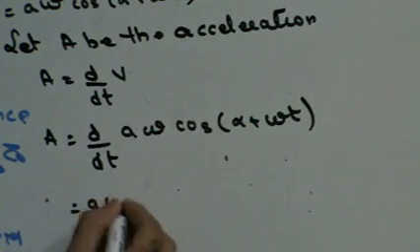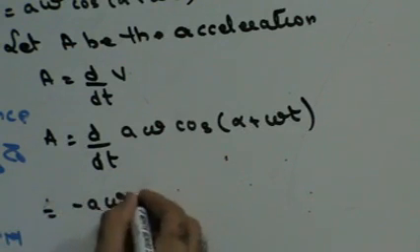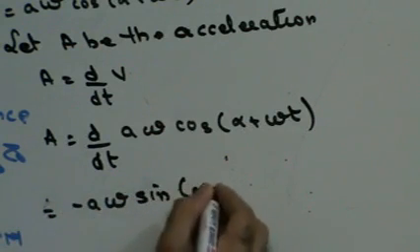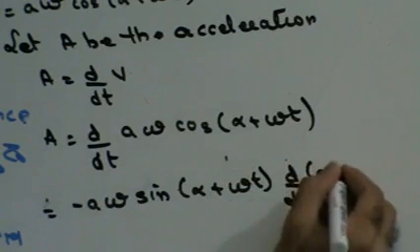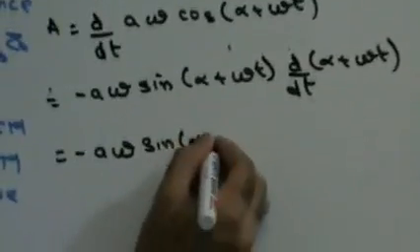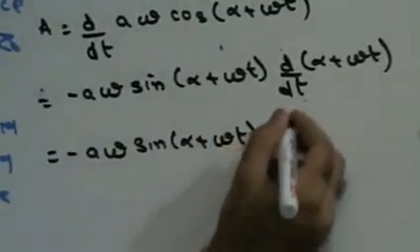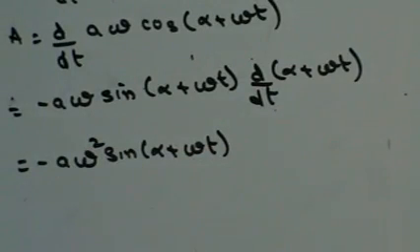A omega as it is, d by dt of cos u is minus sin u du by dt, so d by dt of alpha plus omega t. So that's minus A omega sin of alpha plus omega t, into omega, because d by dt of omega t gives you omega, right?